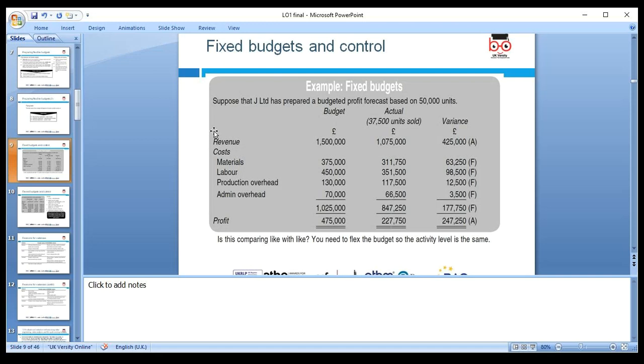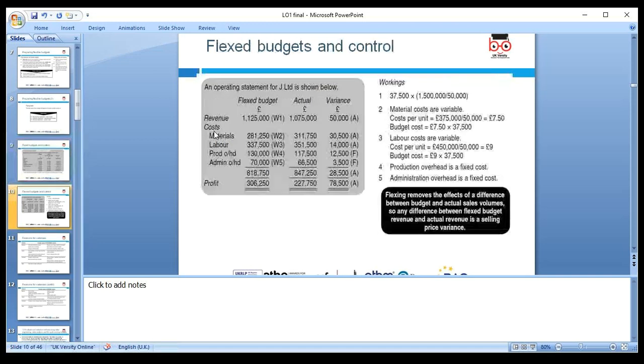Then 7.5 times 37,500 units gives 281,250. So according to the flex, it should be 281,250, but actually we have 311,750. So there is an adverse variance, because my actual cost is higher than the budget.